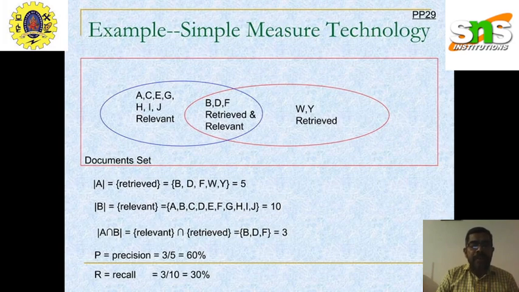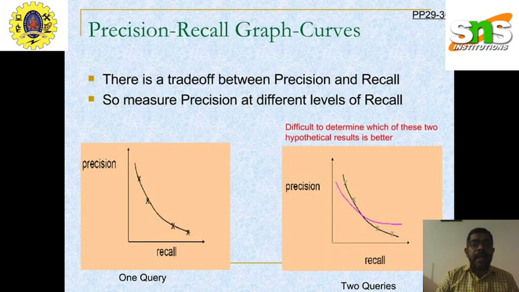If we apply recall, we have 3 divided by 10, where 10 is mod of B. So 3 divided by 10 gives 30%. So if you go with recall, the accuracy is automatically reduced. This is an example of how the simple measure is computed in similarity measurement.